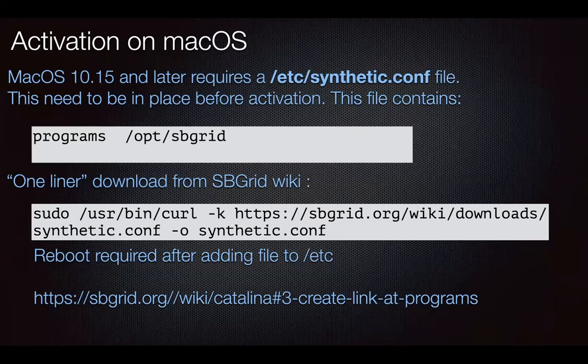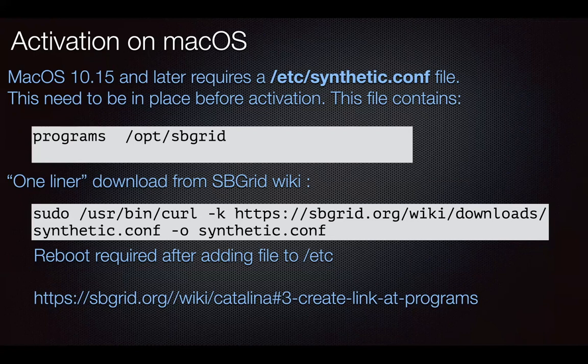So just one quick note, and we're going to fix this as we go forward, but on Mac 10.15 and later, the Apple file system that was introduced in 10.15 is read-only on the / partition. So that means you can't write anything to the root of the directory. So that's not usually a big deal, but we rely on a path at /programs.